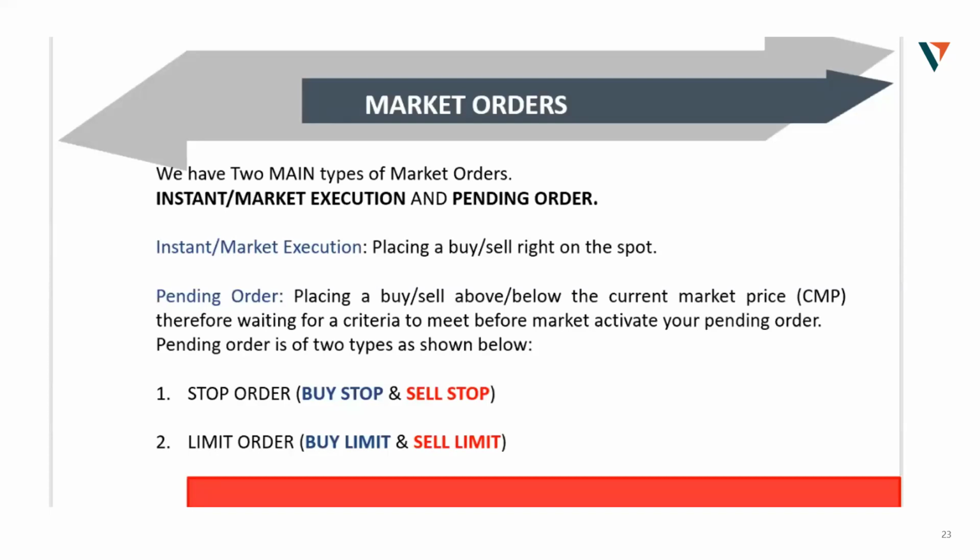That is what we call a market order. You can do that for a buy trade or for a sell trade. Now, the reason why you do that is because you already expect the market to go in the direction you expect it to go at that time, right?